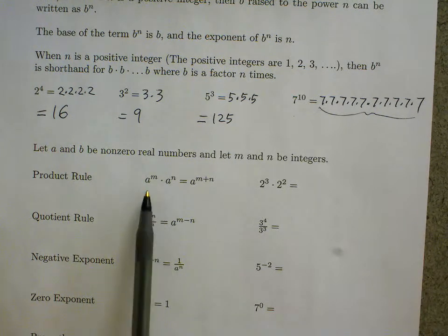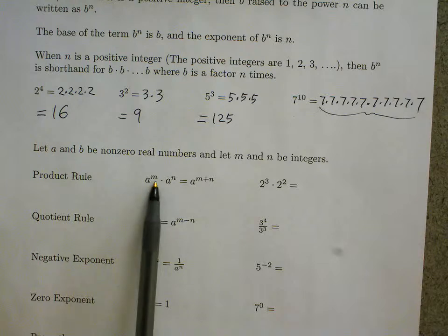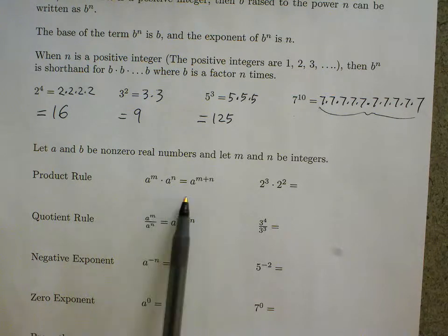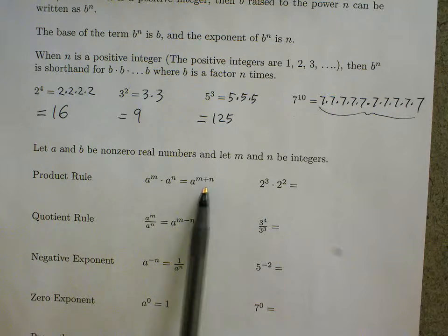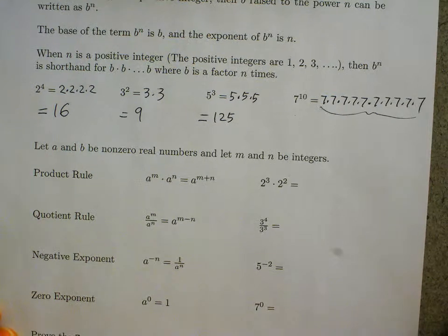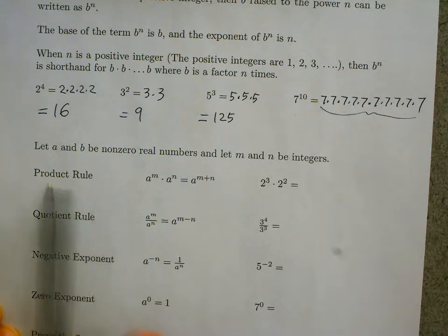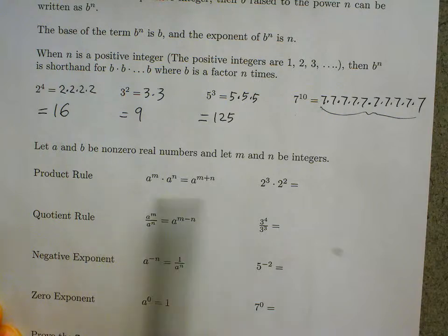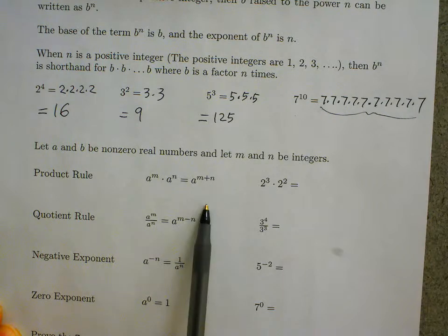If we multiply a raised to the power m by a raised to the power n, we can simplify that and write it as a to the m plus n. You don't really need to remember the terms for the properties. What you do need to remember is the properties, how they work themselves.